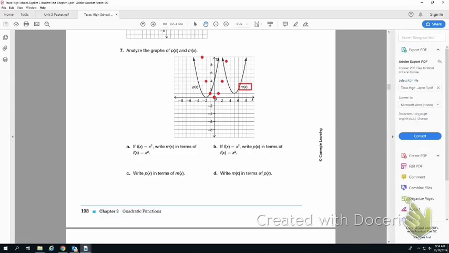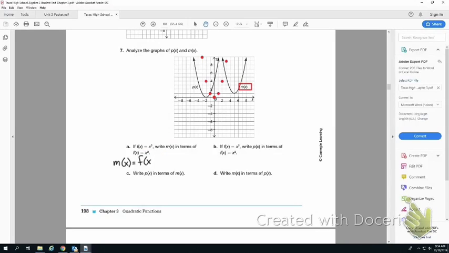But we're going to write it in terms of f of x. So I'm going to write m of x equals f of x, and then I apply the transformations in there.